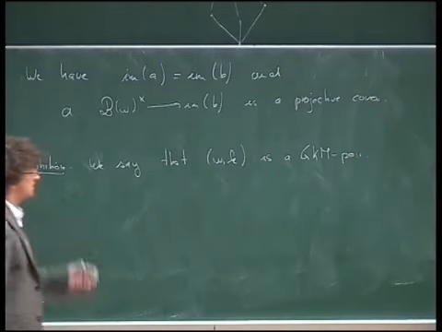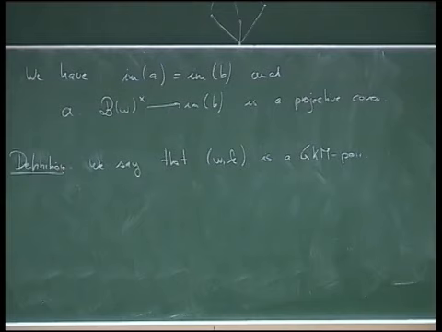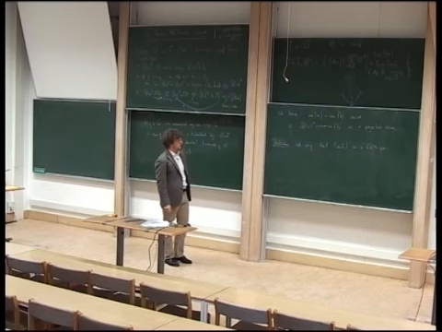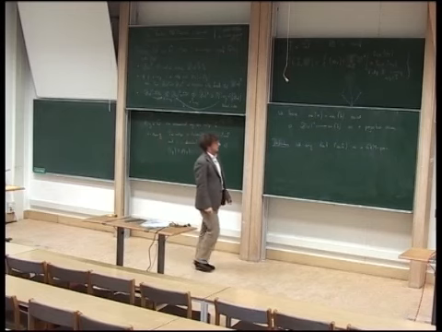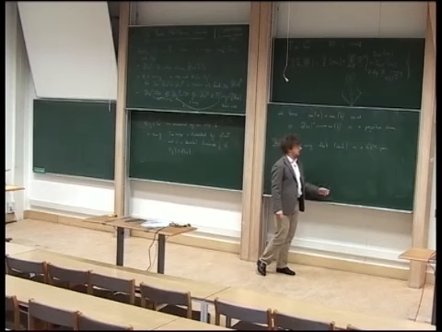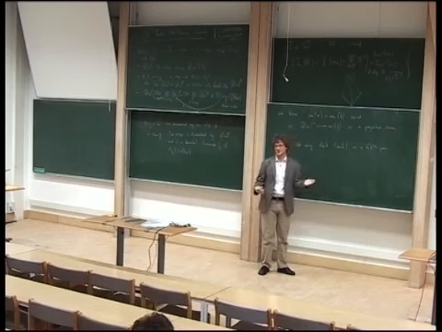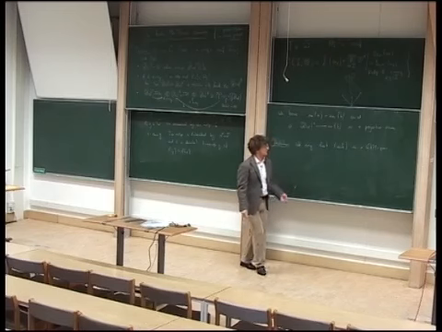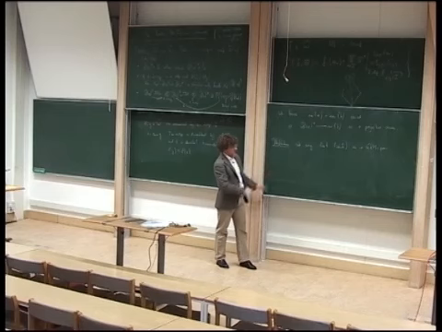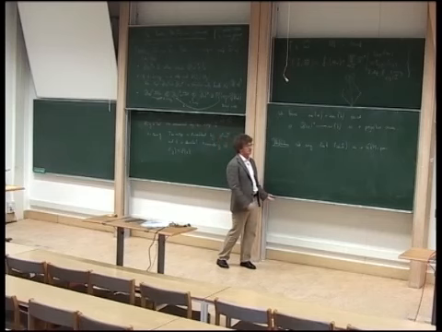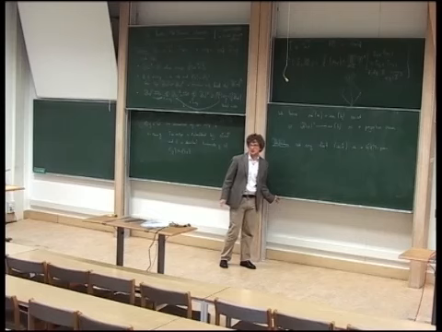And GKM stands for Goresky, Kottwitz, and MacPherson. Somehow in their paper on equivariant cohomology and Koszul duality, this property, in a very different setting, occurred for the first time. I mean, they only had characteristic 0, but they had a topological statement which is somewhat equivalent to this one. So what is it?